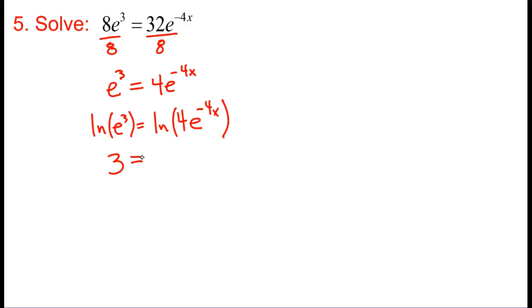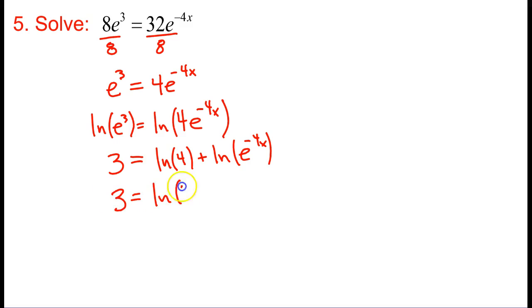The right-hand side, we have to do a little bit of work. We have to use some properties of logarithms to break this up. So this is going to be the ln of 4 plus the ln of e to the negative 4x. Now for the ln of e to the negative 4x, we can take out that exponent using the power rule, and that'll look like this: 3 equals ln of 4 minus 4x times the ln of e.